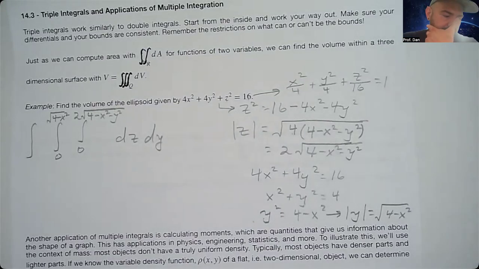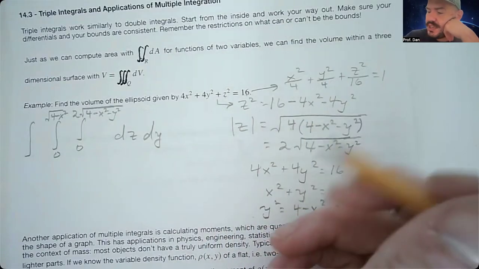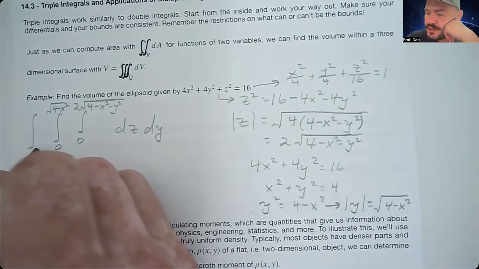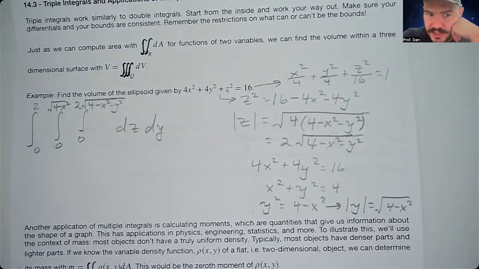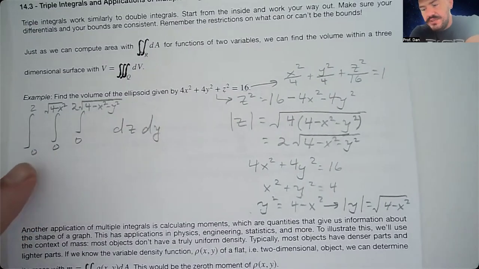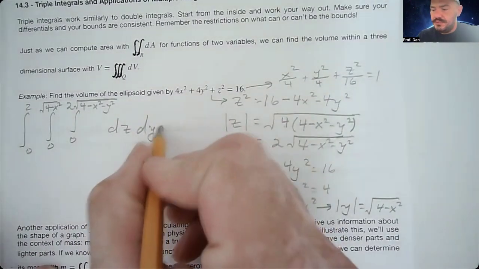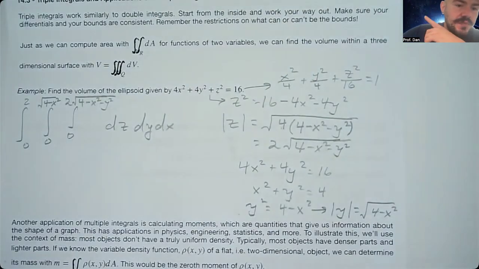With that said, we know that the values of x are going to range from 0 to 2. Now, the other thing I want you to notice that I haven't really mentioned at this point is that I've only considered positive values for each of the coordinates.